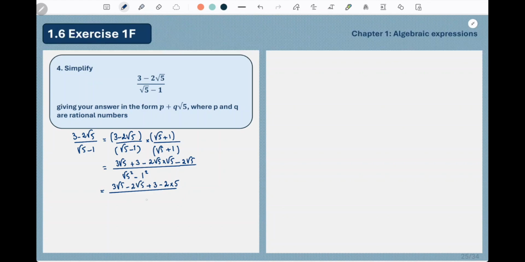So 5 minus 1 for our denominator. Okay, so we've got 4, and then 3 minus 2 is 1, so square root of 5. 3 minus 10, so minus 7 plus square root of 5 over 4.